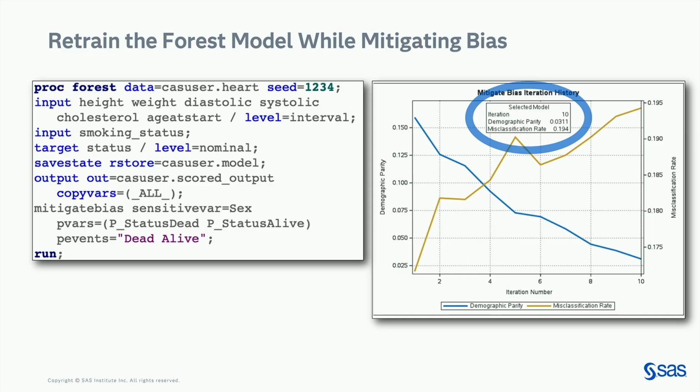So I do want to take this point to mention that when you mitigate bias, you possibly have a trade-off in misclassification rate. This is not guaranteed. Oftentimes you do, but I've also run models where both my bias and my misclassification rate have gone down.